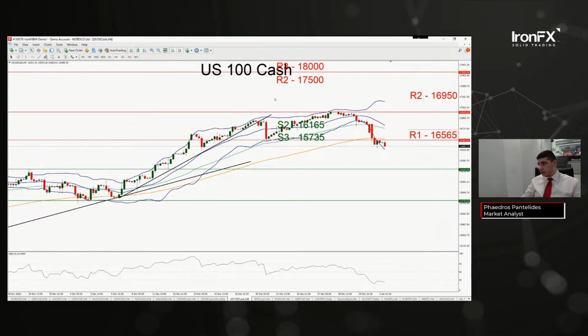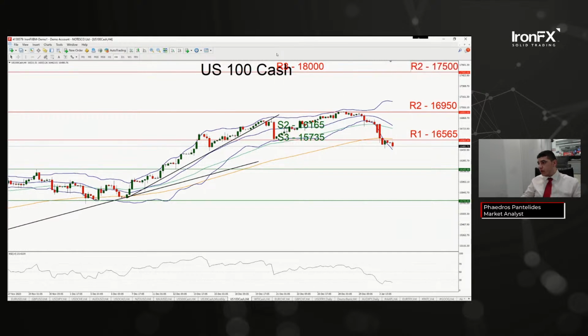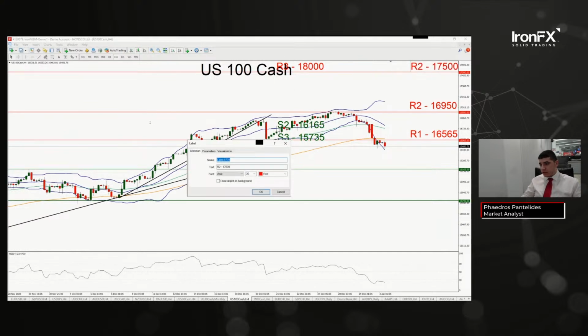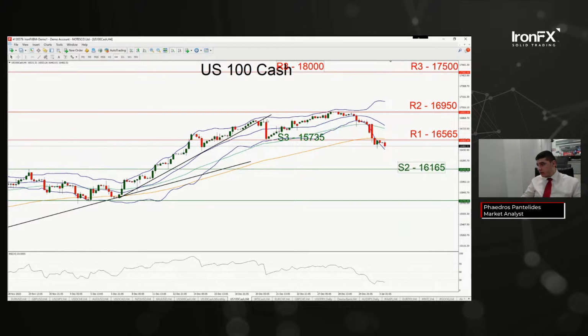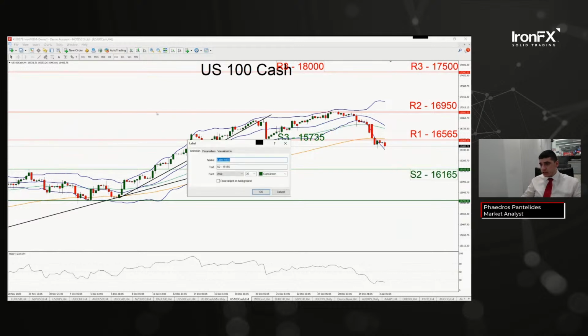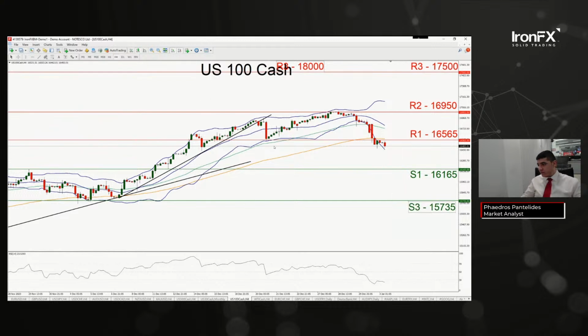So R1 16,565, R2 16,950, and this would be R3 17,500. And then keep this as S1. For S2 15,735.